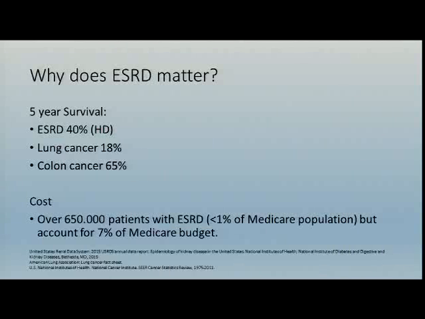These patients represent less than 1% of the total Medicare beneficiaries, but the cost is close to 7% of the total Medicare budget. So a very small portion of Medicare beneficiaries taking a big portion of the budget.